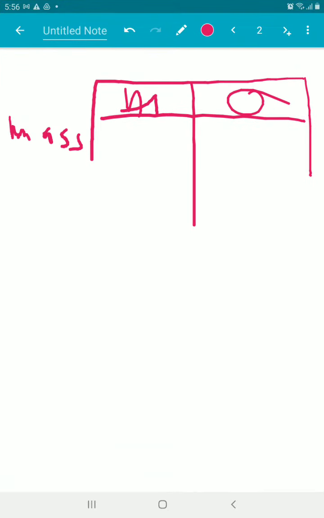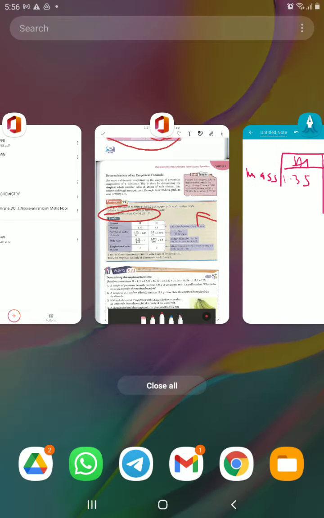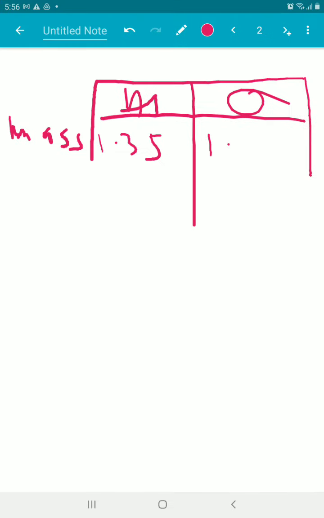So you just copy the mass 1.35 here and 1.2 here, which is the mass of oxygen. Then the second is number of mole. Write the full name, number of mole. Don't write NOM, that is very wrong.